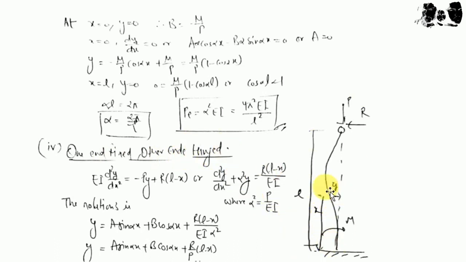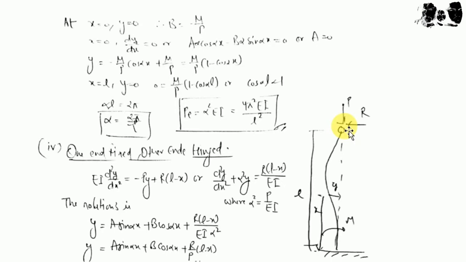In that case we again choose a point and find the bending moment which is minus Py, and we have a support reaction here, R. This is a P vertical load and a support reaction, a lateral horizontal reaction, which is R. And why did we choose it here and not in the first condition where both ends are hinged?